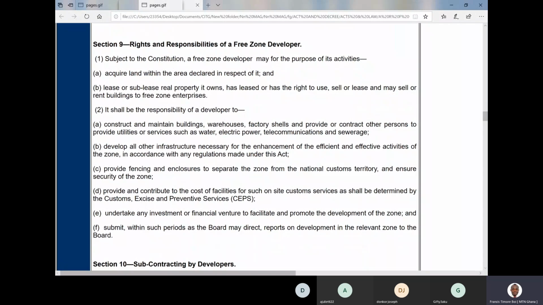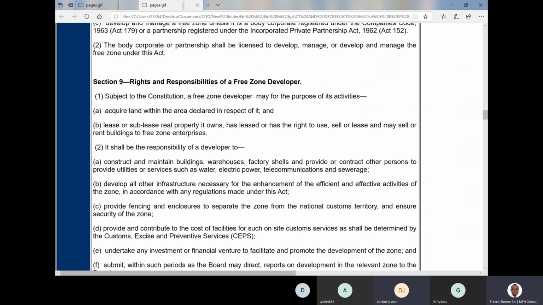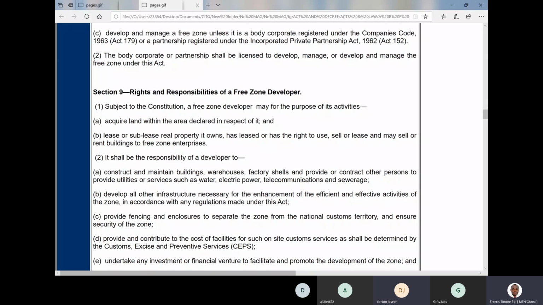The reason why we subject it to the Constitution is that the last time we mentioned that in accordance with Article 20, the government or the president can declare an area as being in the public or national interest. And if your land is declared as an area for national projects, then you have to surrender that land. It doesn't matter whether it's family land.